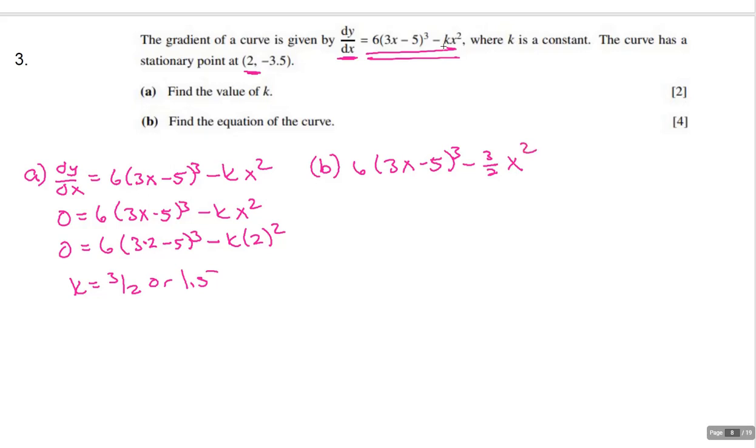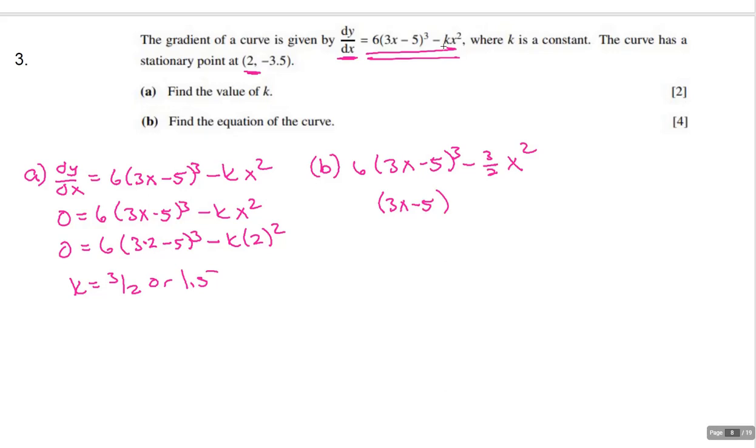Now, what we're going to do here is integrate this. We found k, so now this is complete. What we're going to do is add one to the exponent and then divide. I'm going to start by writing the base because it's not going to change.